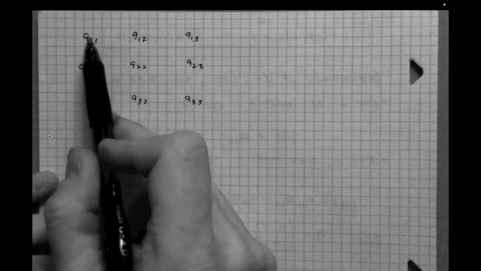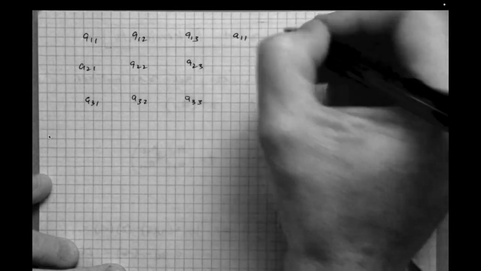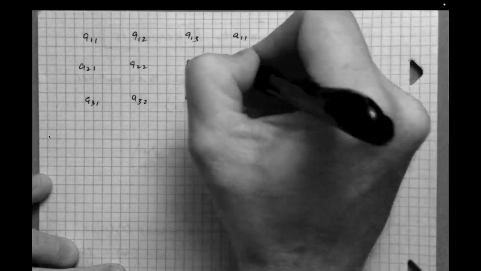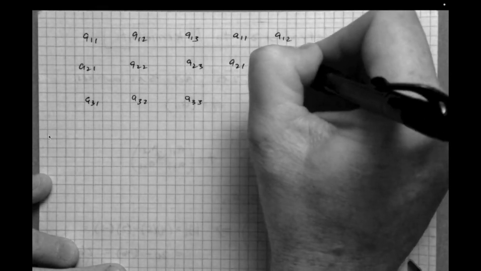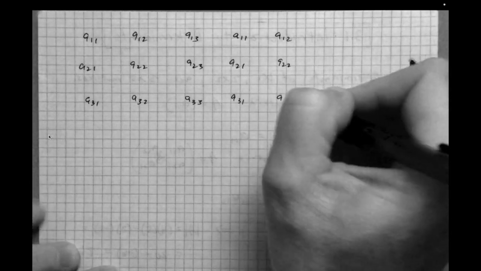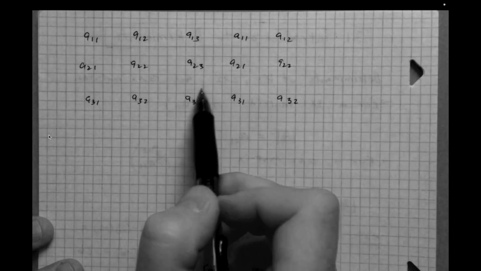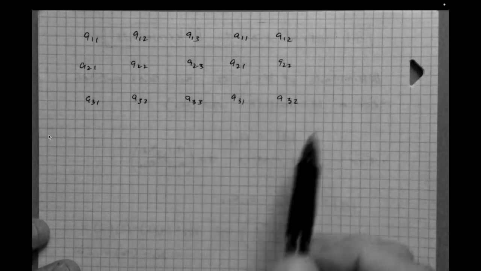Now what I'm going to do is take the first column and the second column and add those on to the side here as well. Again, A11, A12, A21, A22, A31, A32. So I've got the matrix entries themselves, and then I've duplicated the first and second columns.